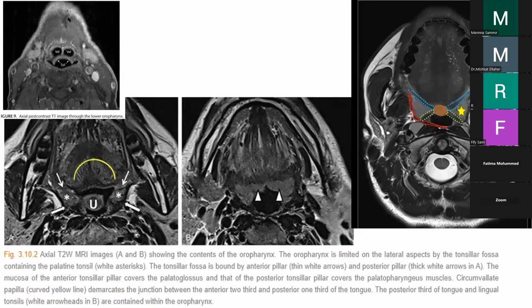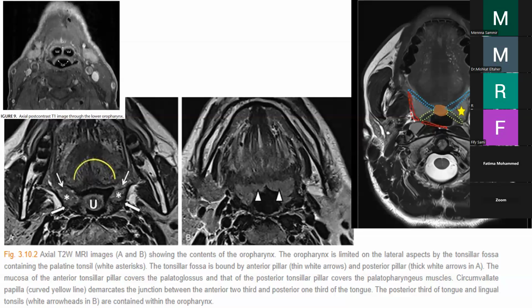The lingual tonsils, as noted by those small white arrows, may encroach upon the vallecula partially, and this is considered normal. But here is the pearl: a normal lingual tonsil should not extend past the anterior margin of the vallecula. If the tonsillar tissue or density fills the floor or posterior border of the vallecula, stop calling that a normal variant; it needs to be treated with suspicion and biopsied.